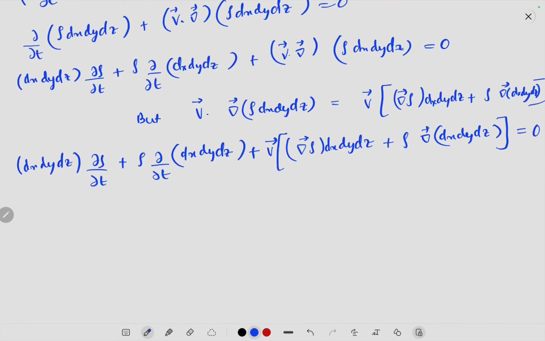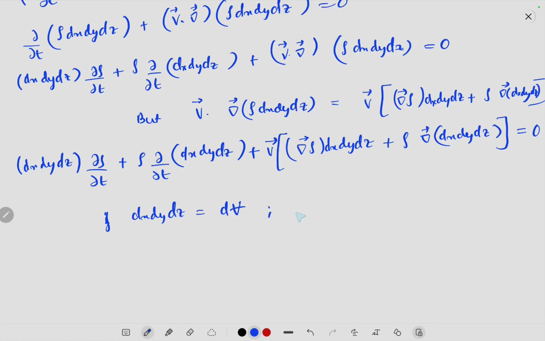Now if dx dy dz is the control volume, no, so we are not thinking about the Reynolds transport theorem here. So let's say this is the volume of the elemental volume.